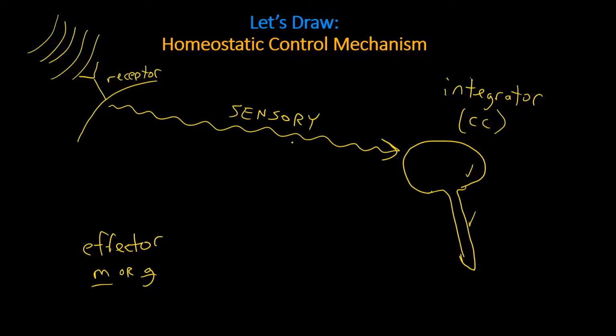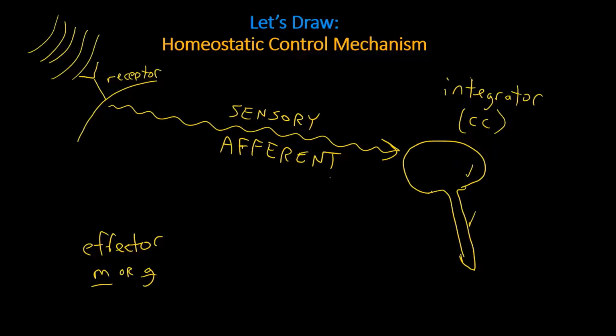But because it's going toward the integrator, we can use the term afferent. Sometimes pronounced differently, but I'm going to stress that A so we hear it clearly. So the information is carried on a sensory structure or an afferent structure toward the integrator.